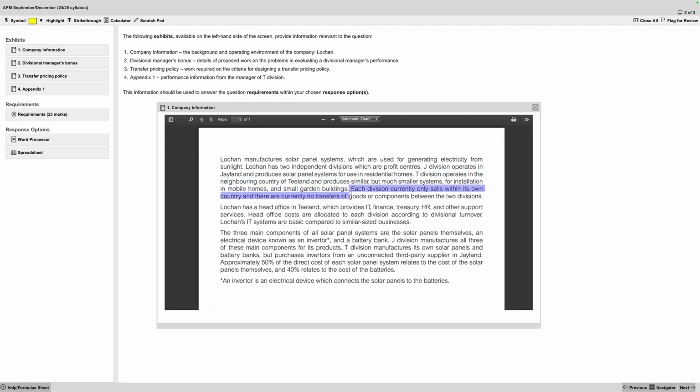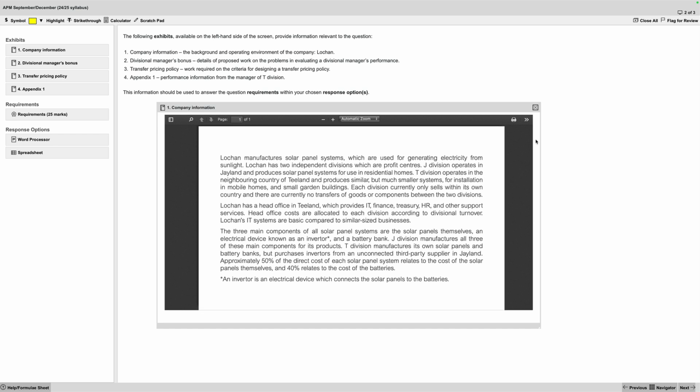Each division sells within its own country and there's no transfer of goods. They have a head office in T-land which provides IT, finance, treasury, HR, etc. And head office costs are allocated to each division according to turnover based on similar sized businesses. That's all I really want to know.